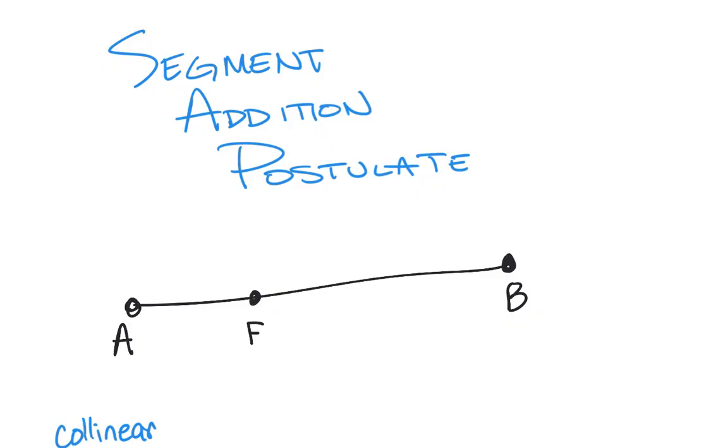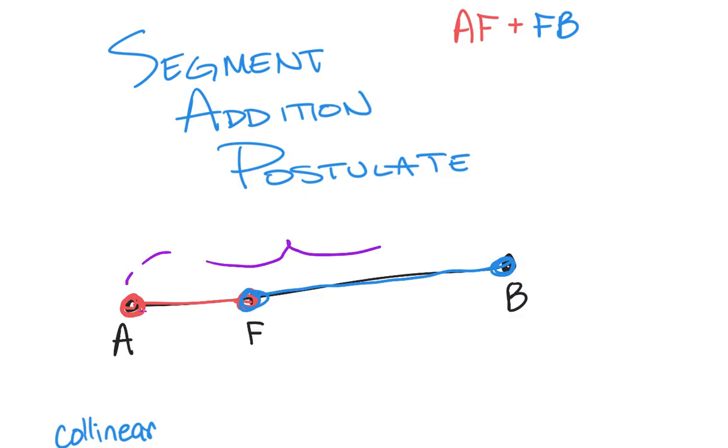So our segment addition postulate says that if I take this little guy, AF here, and I add the other little segment, FB, then together, you can probably see how that works. AF plus the length of FB would give me the whole entire distance, and the name of the entire distance would be AB.